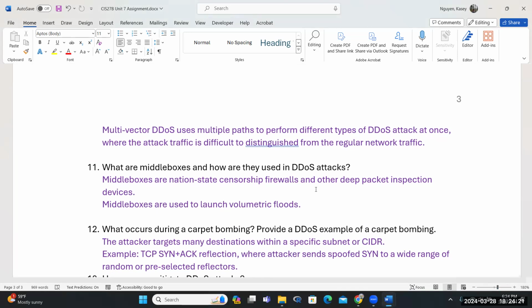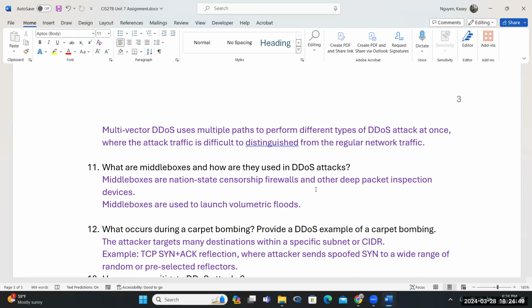So multi-vector uses multi-path. I mentioned this earlier, where traffic is difficult to identify or distinguish from your regular traffic. And then your middle boxes are just the nation state censorship firewall. They do deep packet inspection. So who has a nation state censorship firewall?